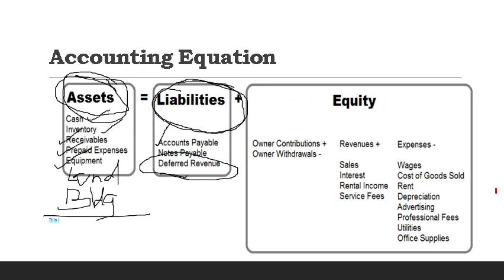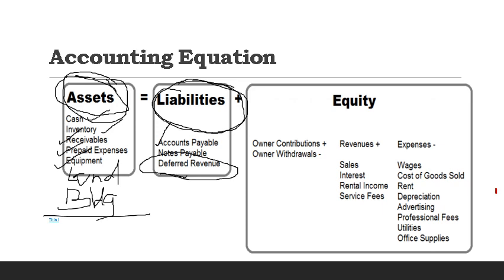When you look at your assets, you're trying to answer a simple question: how much do I have? If it has value and you own it, it's called an asset. Some common assets include accounts receivable, any payment that your clients or customers owe you.